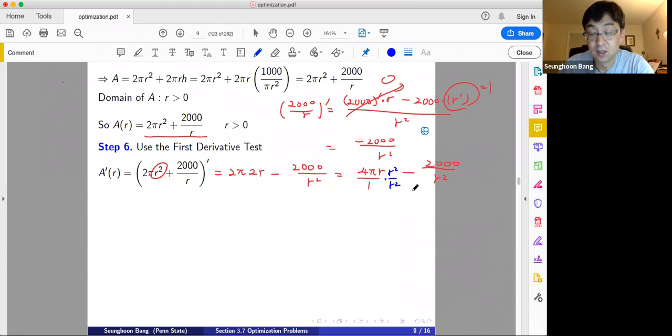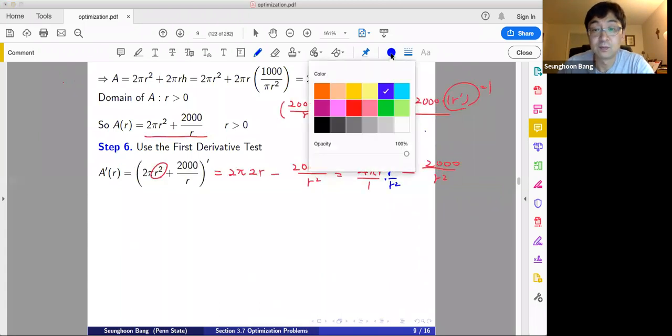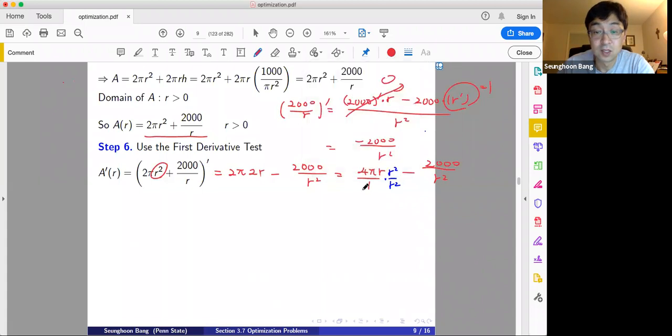Like this. So 4 pi r squared times r is 4 pi r cubed, minus 2000 over r squared.